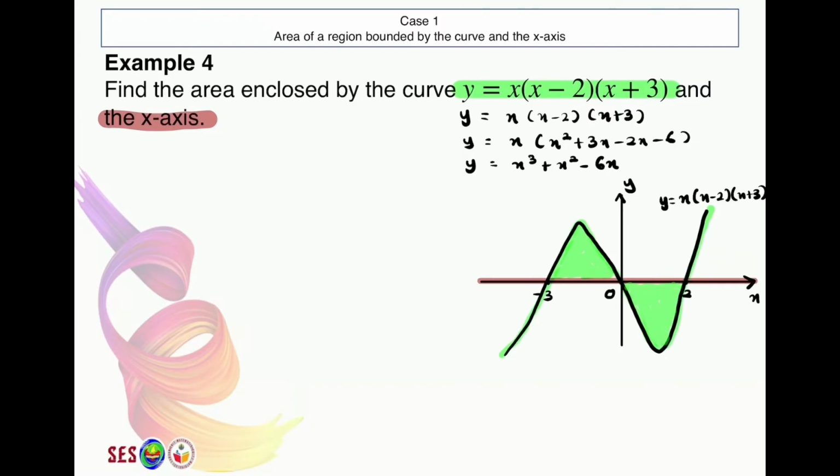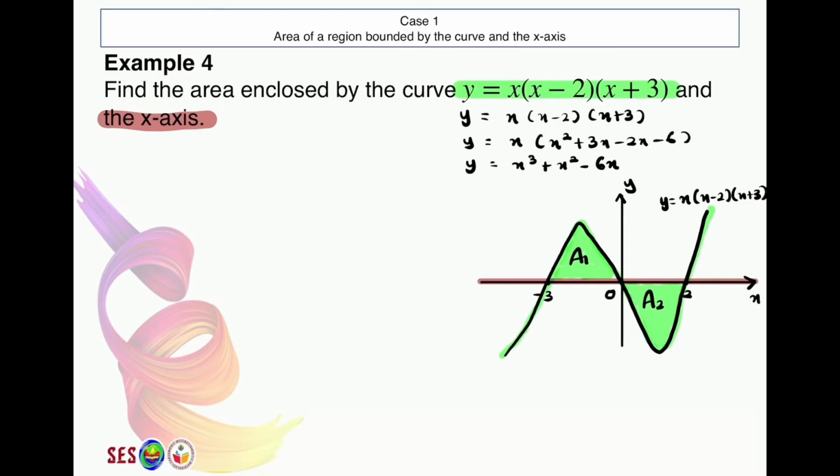So how do we go about finding them? Unlike the previous examples, we have two areas enclosed by the curve and also the x-axis. I'm going to label them as A1 and A2. Both of these areas are regions bounded by the curve and the x-axis. So now you need to recall the formula on how to find the area of a region bounded by the curve and the x-axis.